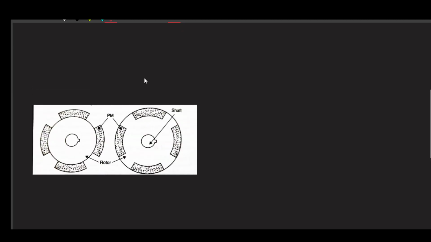One is a surface mounted permanent magnet motor, and this is an interior permanent magnet motor. They have their own advantages and disadvantages. This gives rise to a projected pole, while this makes the outer surface a smooth cylindrical shape.